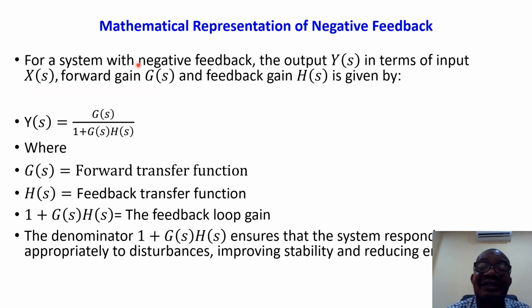So let's look at the mathematical representation of negative feedback. For a system with negative feedback, the output Y(s) in terms of input X(s), forward gain G(s), and feedback gain H(s) is given by Y(s) is equal to G(s) over 1 plus G(s)H(s), where G(s) is the forward transfer function, H(s) is the feedback transfer function, and 1 plus G(s)H(s) is the feedback loop gain.